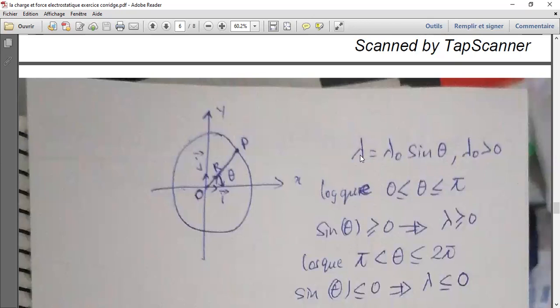Which means that in this formula, if you place angles which are between 0 and pi, you see that your answer, which is your lambda here, will always be positive.